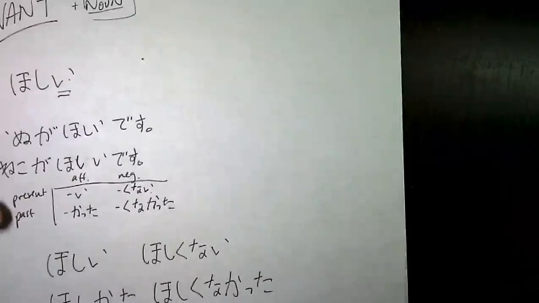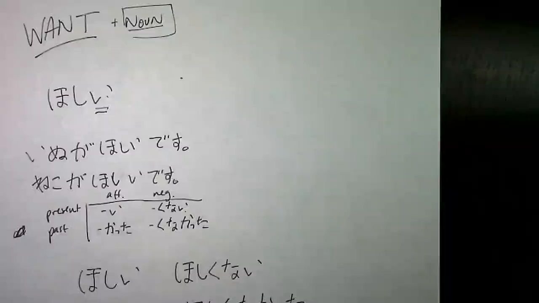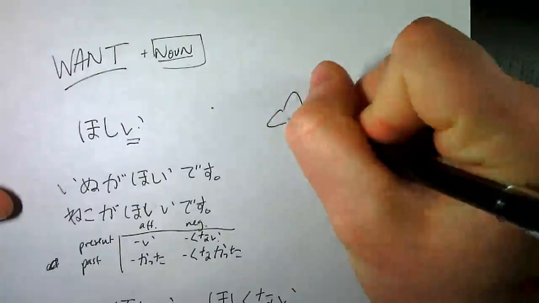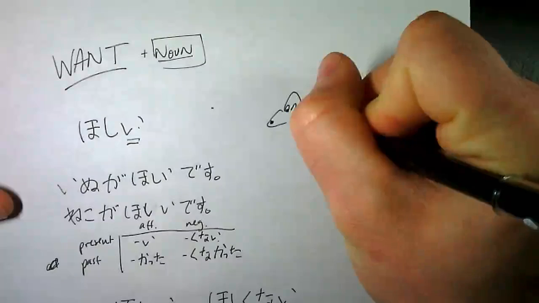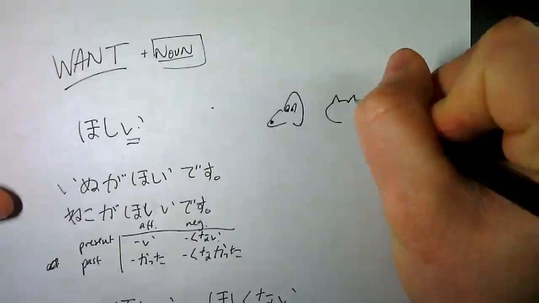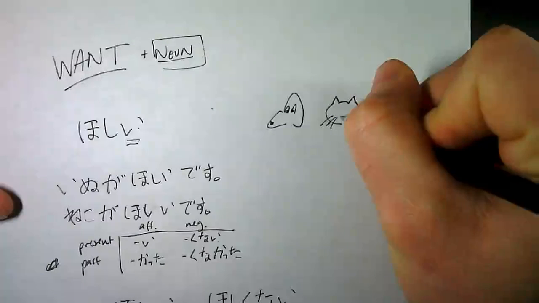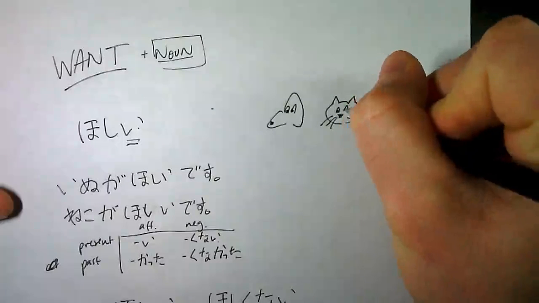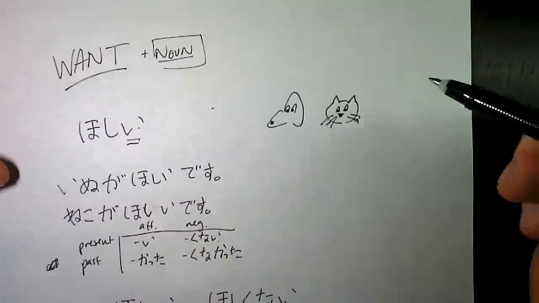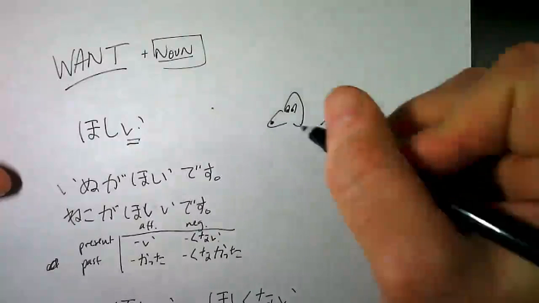How would you say, I wanted a dog, but now I want a cat? I'll draw while you're thinking about it. All right. So, I wanted a dog, but now I want a cat.